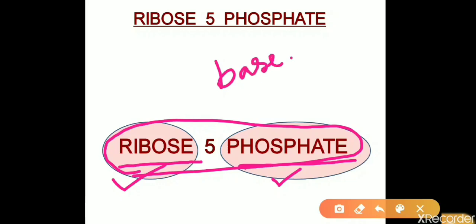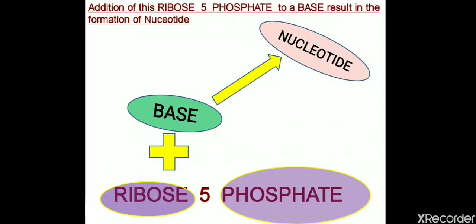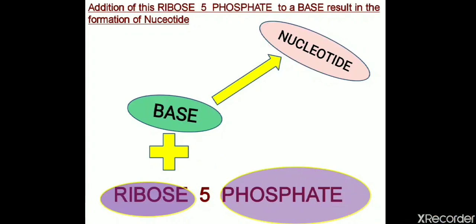Adding this ribose 5-phosphate to a nitrogenous base produces the corresponding nucleotide, and this reaction is known as phosphoribosylation, the addition of a ribose along with 5-phosphate.